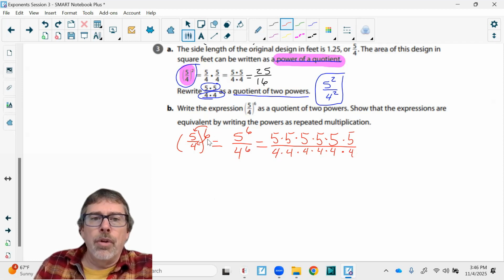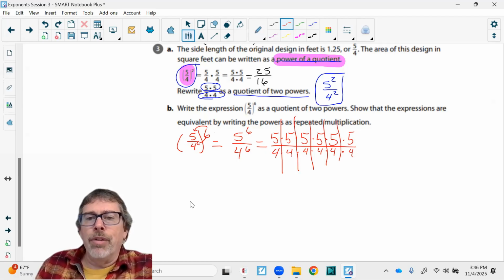Okay, so 5/4, 6 times. Now you see that we have 6 fractions of 5/4. So we just showed by repeated multiplication that they're equivalent.